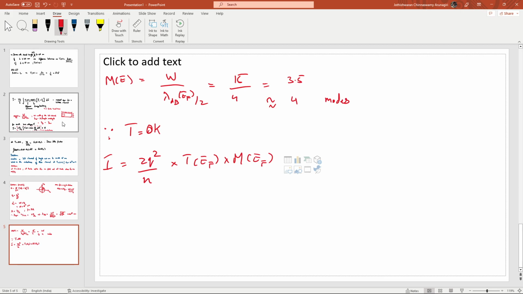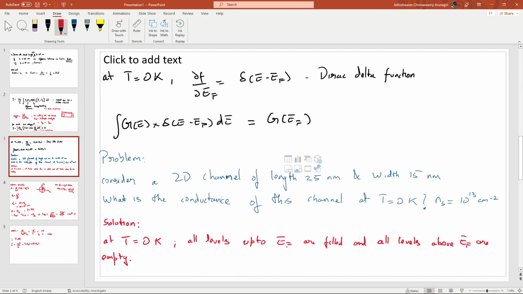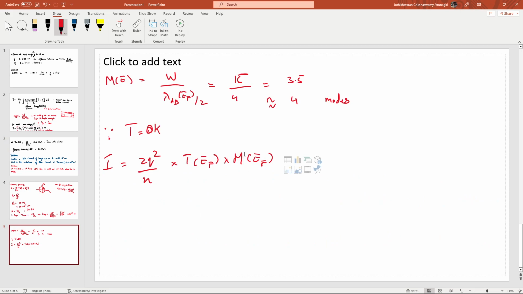Because this quantity becomes a Dirac delta function, this integral will vanish, and wherever I have E, we will just replace E by EF in accordance to this property here. So we have calculated M of EF to be 4.